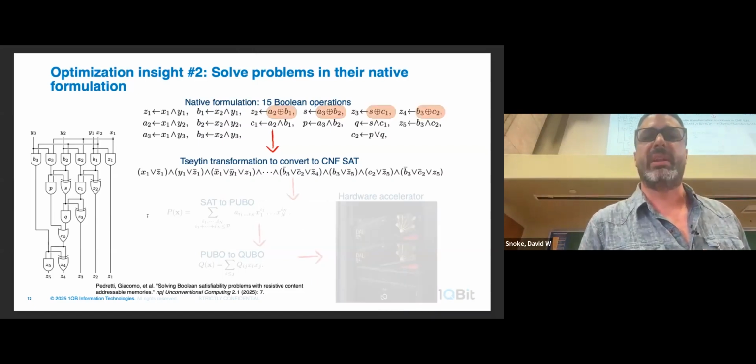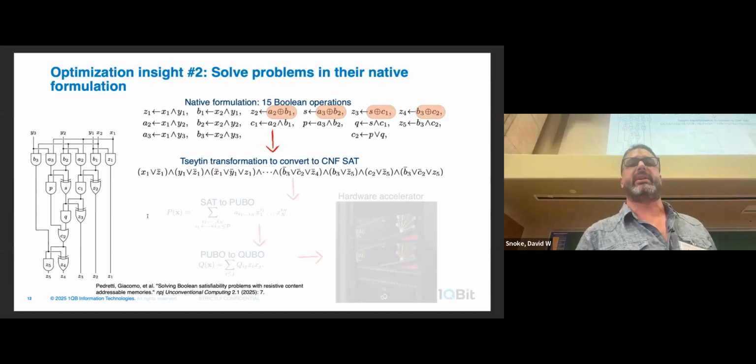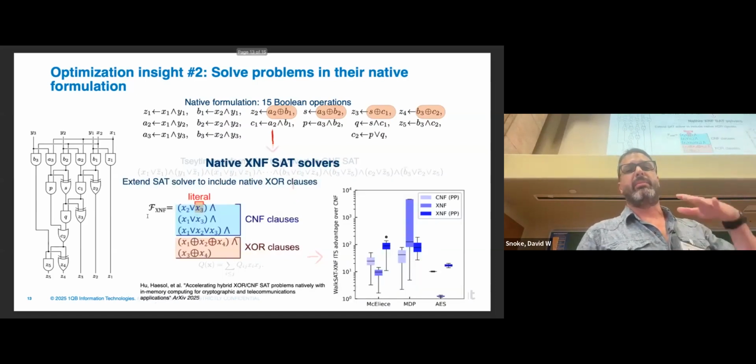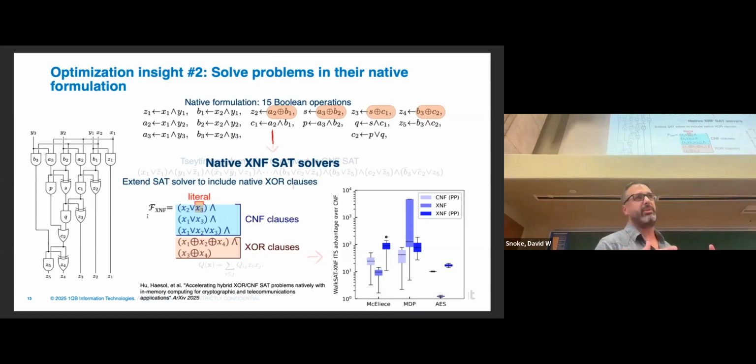And the one last step, you notice in this native formulation that there's a bunch of XOR terms. So the last step that we've done lately is that we can even jump before converting to CNF. You can add support for XOR operations to your hardware, and this gives you a significant advantage.